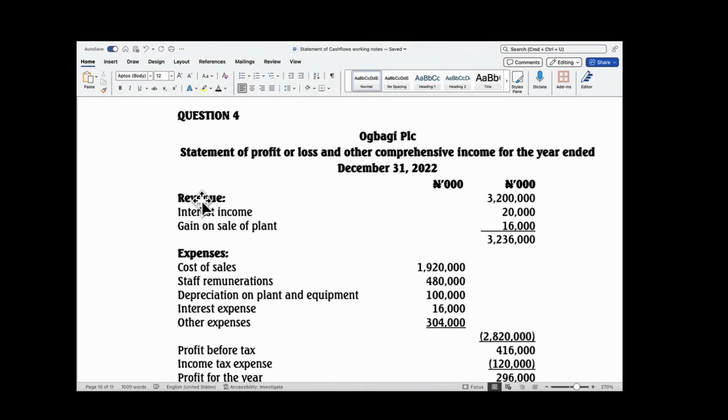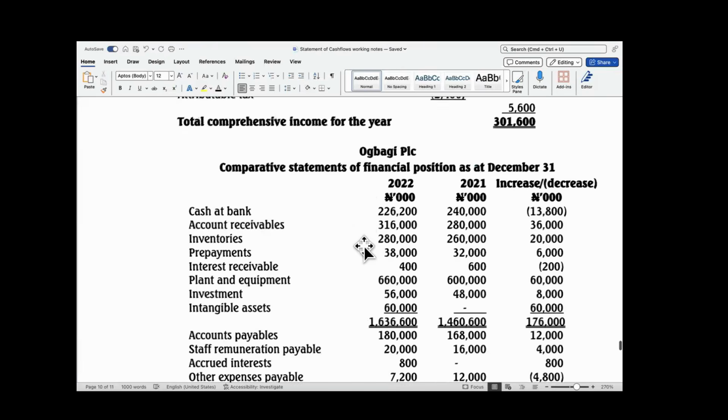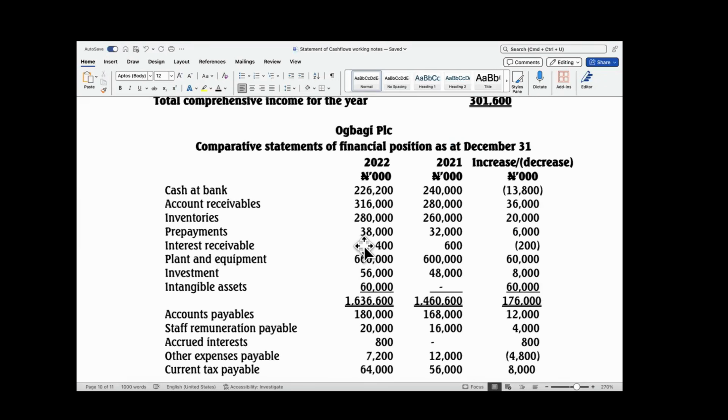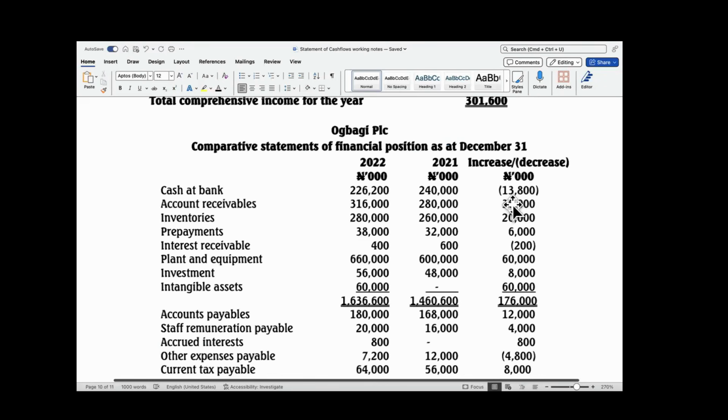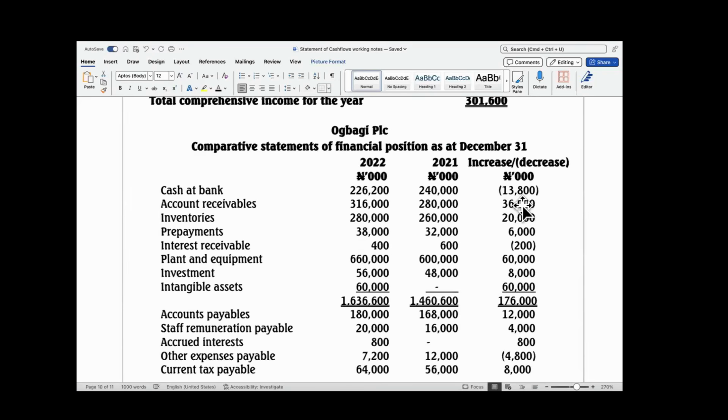Like, for example, your revenue. They gave us revenue of 3.2 billion. So how much of this revenue is cash? You just need to ask yourself, do we have any receivables for the year? Yes, we had receivables for the year of 36 million.